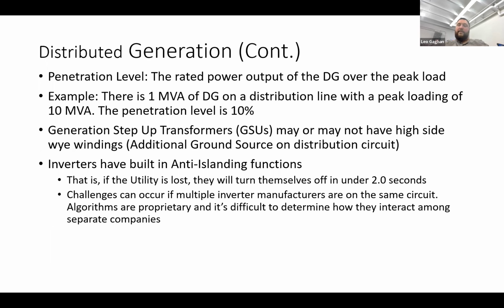If you were to have 2 different manufacturers, they may not know how their anti-islanding systems work with each other, and it's difficult to guarantee that they'll interact in an expected way. They may actually prevent themselves from coming offline automatically. So that's becoming a pretty real consideration just with the magnitude of these distributed generation systems.